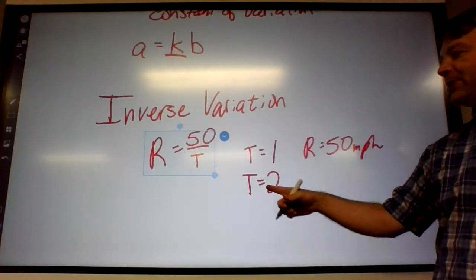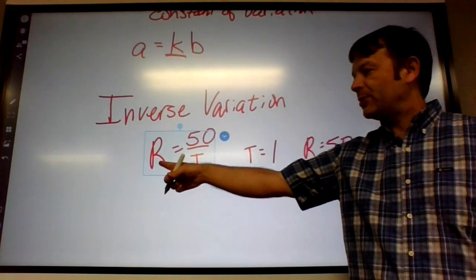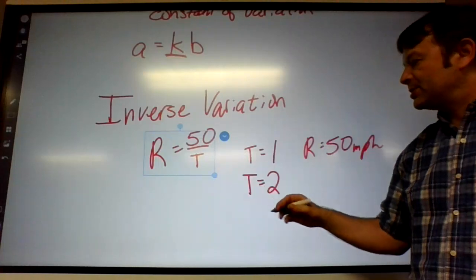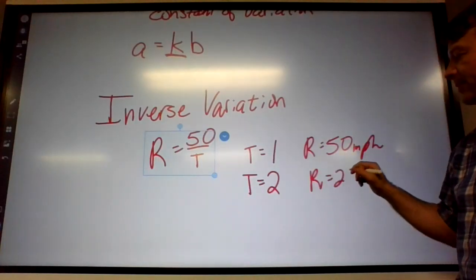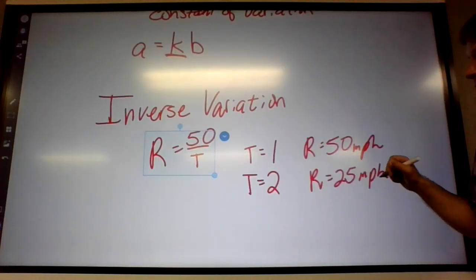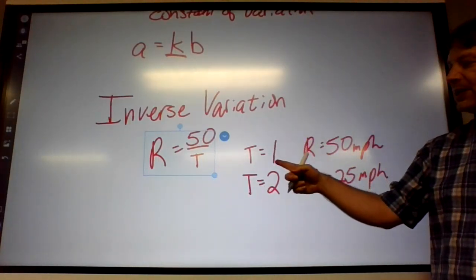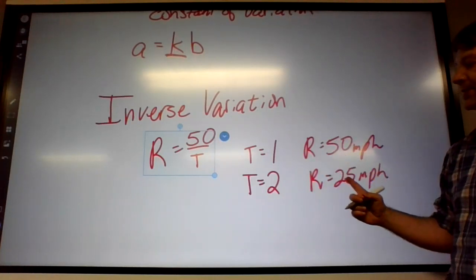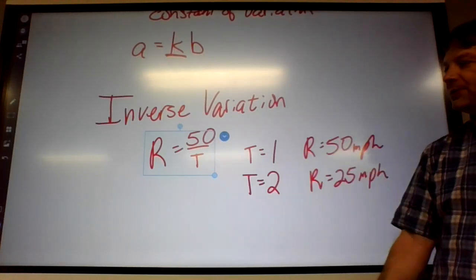If the time is 2 hours, what would our rate need to be to get there? 50 divided by 2 is 25 miles per hour. So as the time is increasing, the rate is decreasing, or vice versa. As the rate increases, the time decreases.